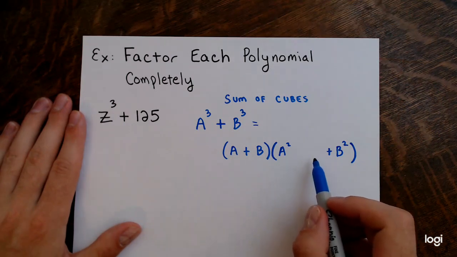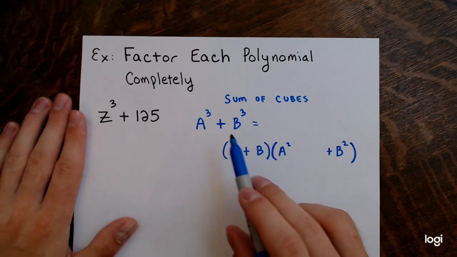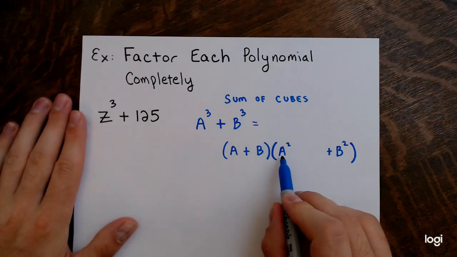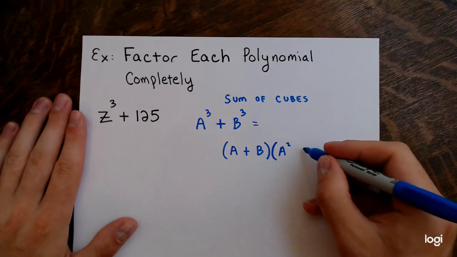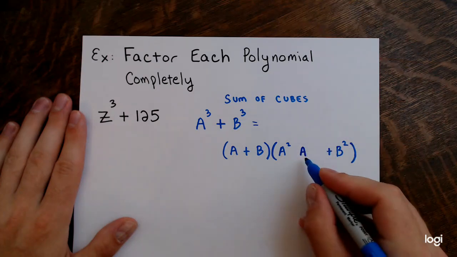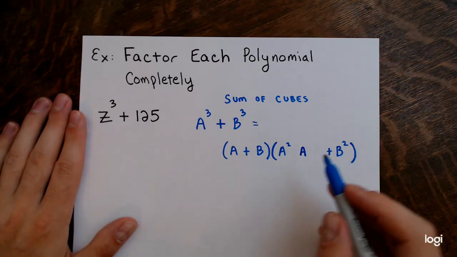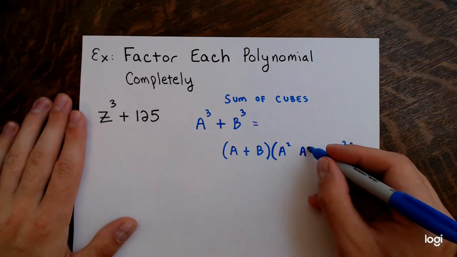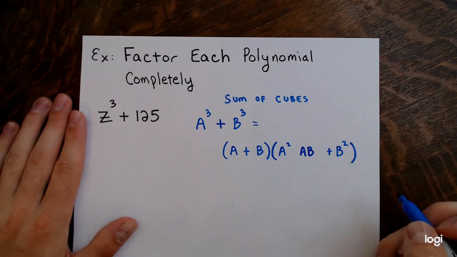And then in the middle term, what I like to point out is that for the sum of cubes, and you'll see later for difference of cubes, in this second factor, you start off with a squared, and then the power of a decreases in the next term, and then there's no a to be had in the last term. And the power of b increases. There's no b here, and then there's a b in the second term, and then b squared in the last term.